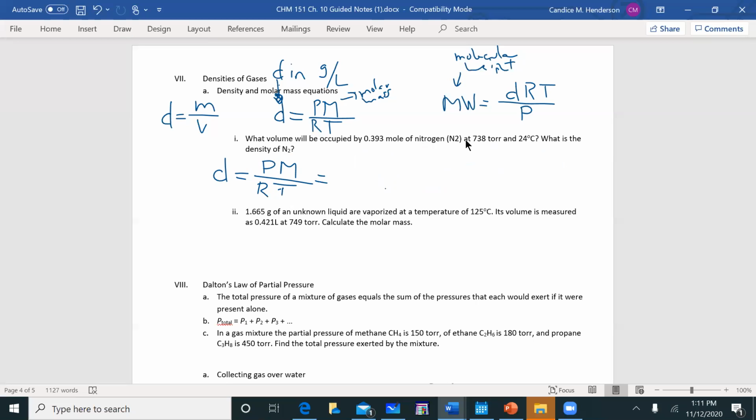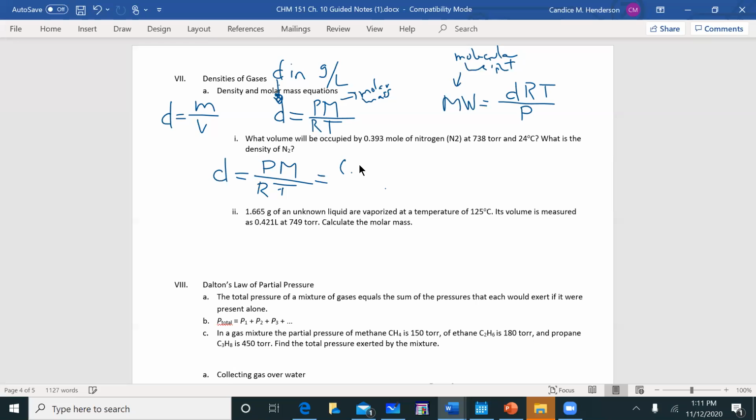My pressure is the 738, but again, we want that to be in ATMs, so we got 0.971.